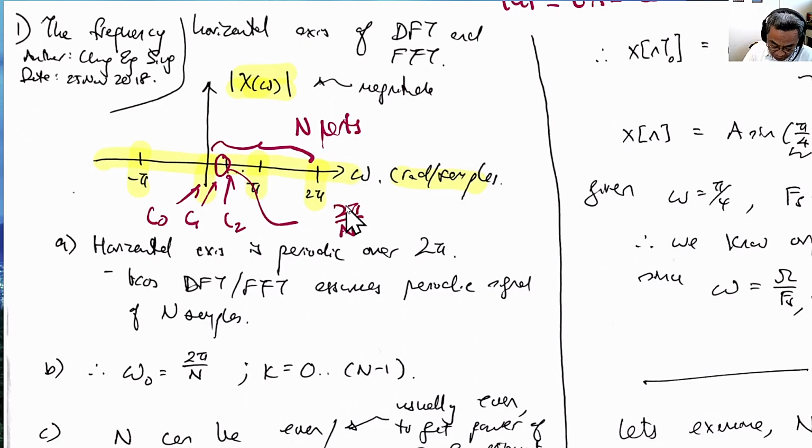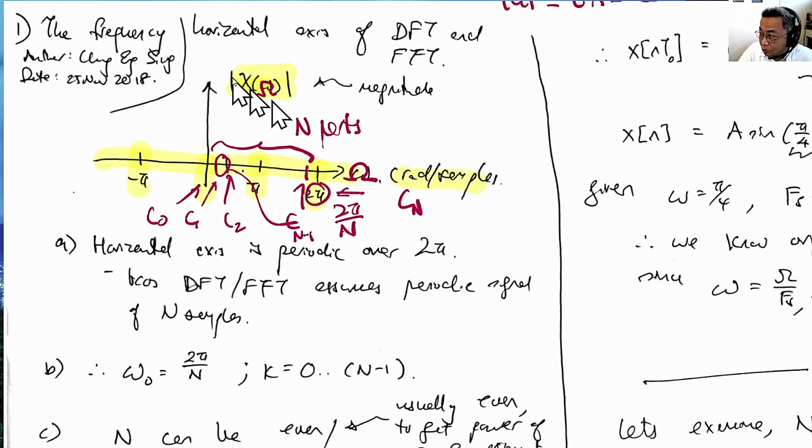The last one is Cn minus 1, and then to reach 2 pi, it will be Cn. You'll now realize that Cn and C0 are exactly the same value because the magnitude spectrum is 2 pi periodic.